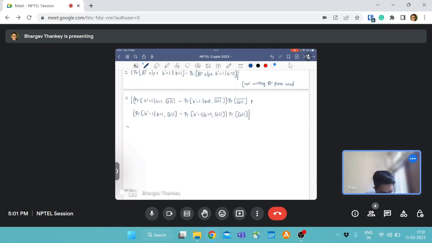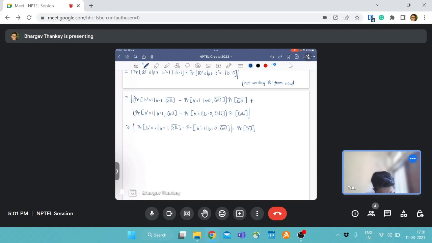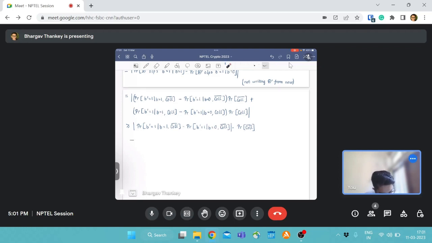Okay, now the claim is this. This is the same as the probability, but this is greater than or equal to minus this entire quantity.